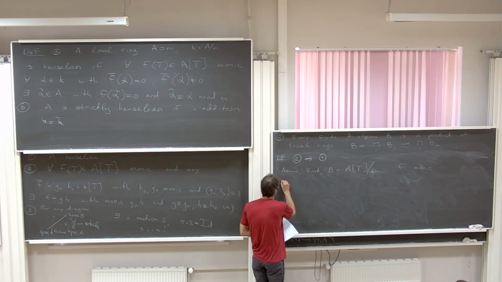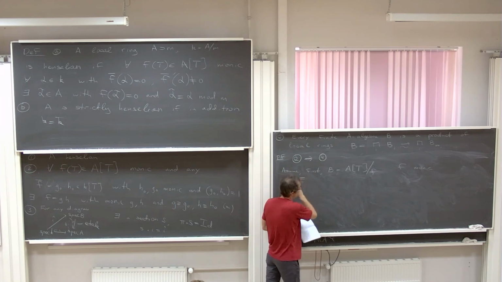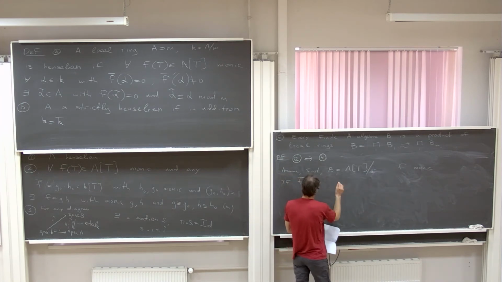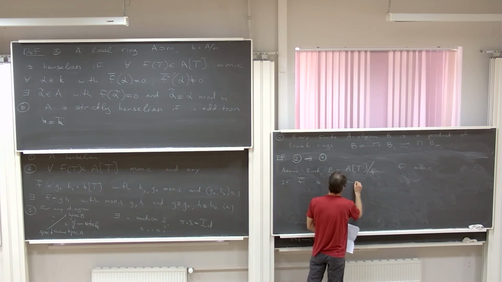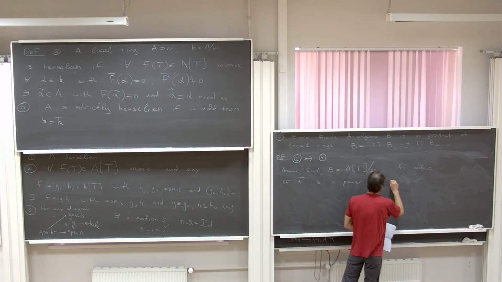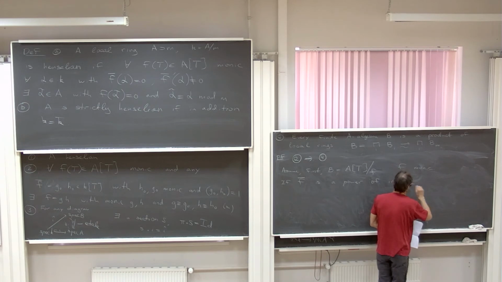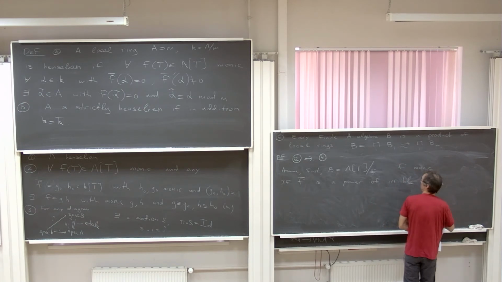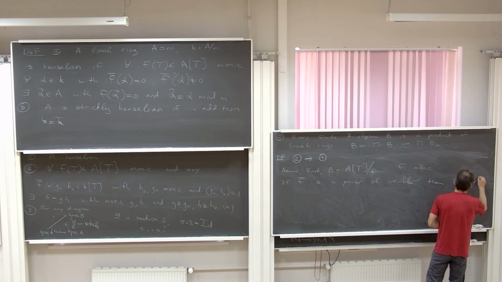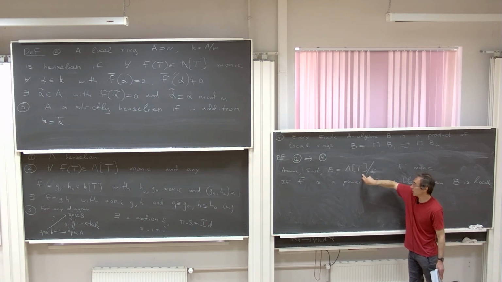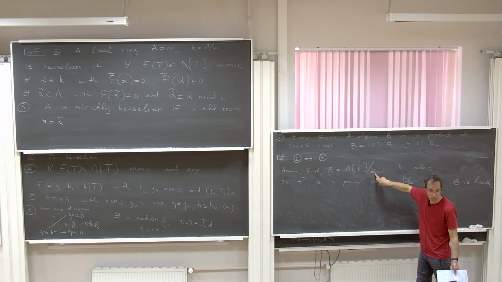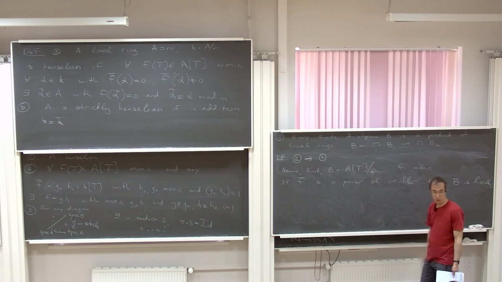If F bar, the reduction of F, is a power of an irreducible, then B is local, right? Because then K[T] mod F bar is local, and that means that this has only one maximal ideal.